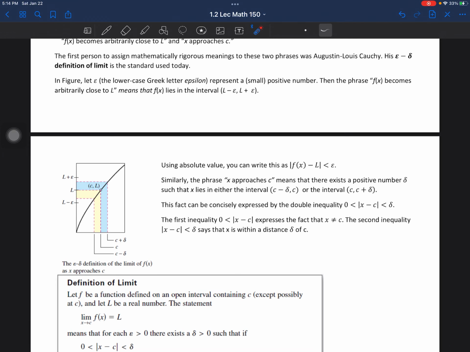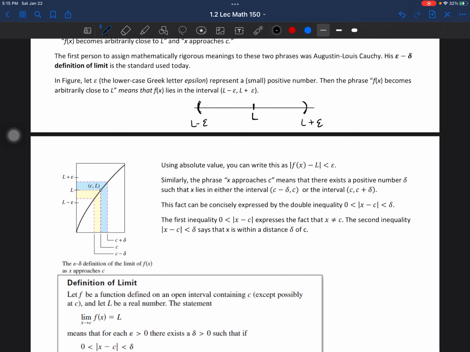The way I can describe what this means is that if I have my L here, and I'm going to make a boundary, this interval is going to be L minus epsilon, and this upper interval will be L plus epsilon.